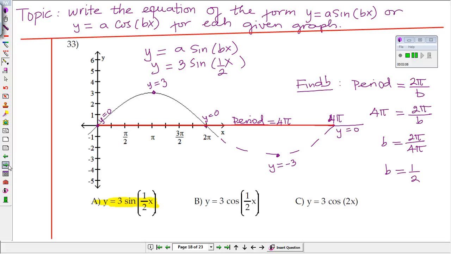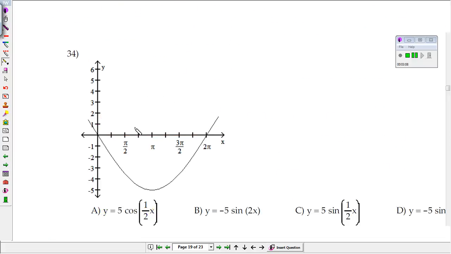Now let's look at the next graph. Here you can see that we only see three y values again: y equals 0, y equals -5, and y equals 0.